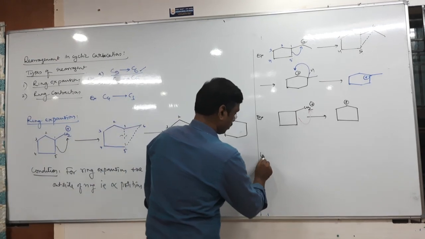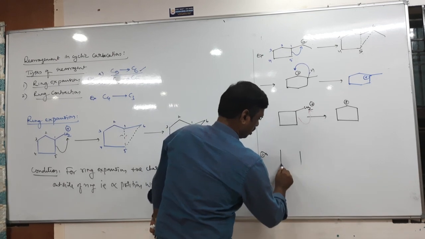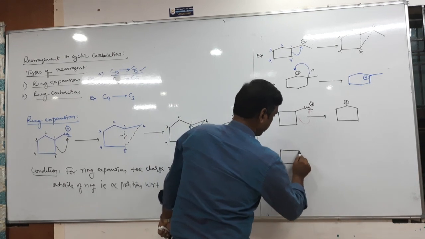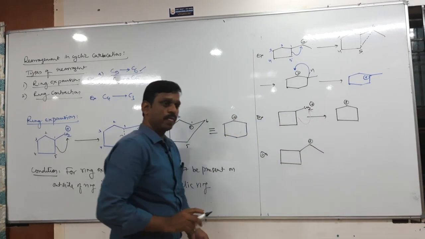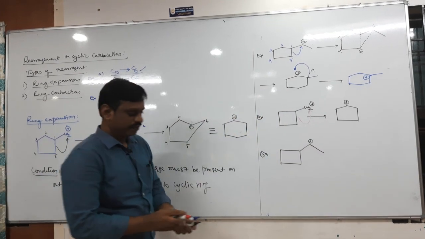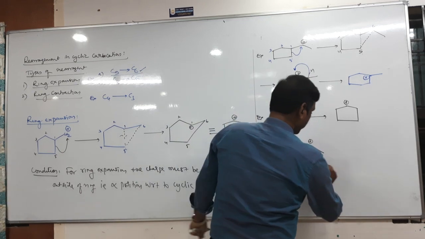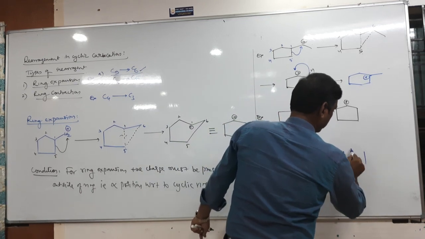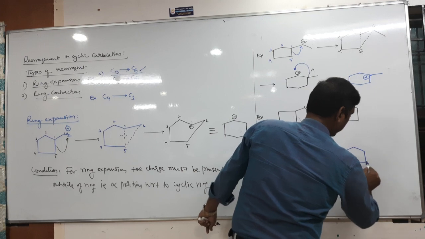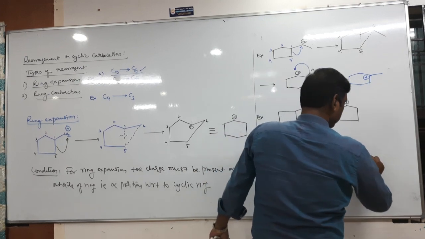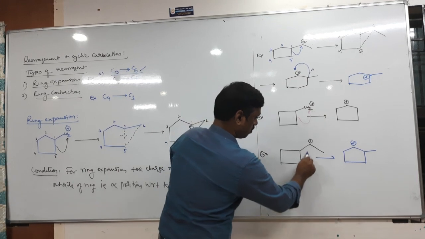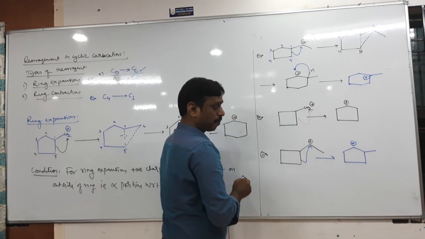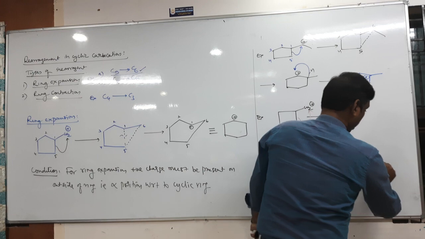One more. If there is a 4-membered ring, tell me, what do you get? After ring expansion, first you will get a 5-membered ring, no? Then where is the positive charge? Here, no? Because it is adjacent, right? Next, another rearrangement.